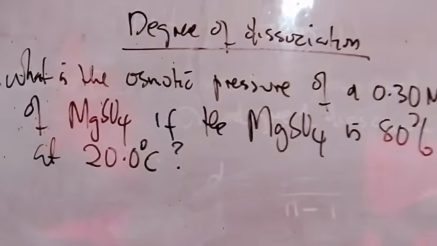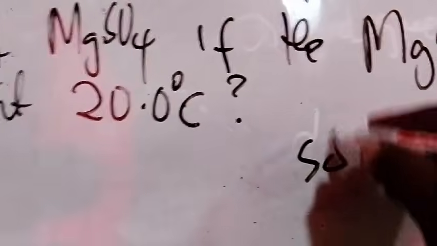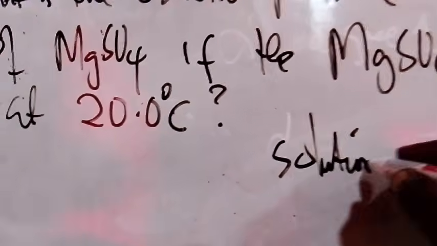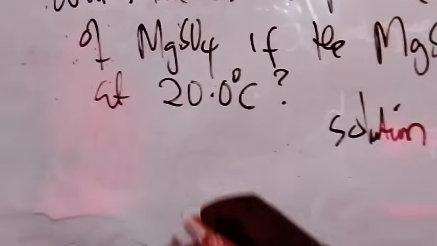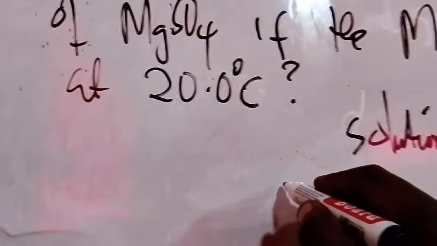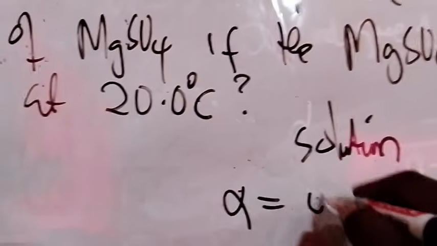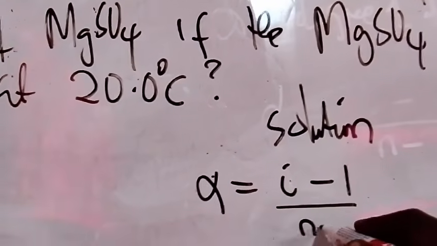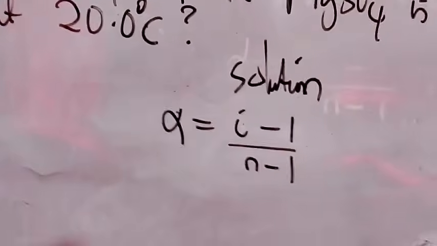So we need to calculate I. We know that alpha is equal to I minus 1 over n minus 1.